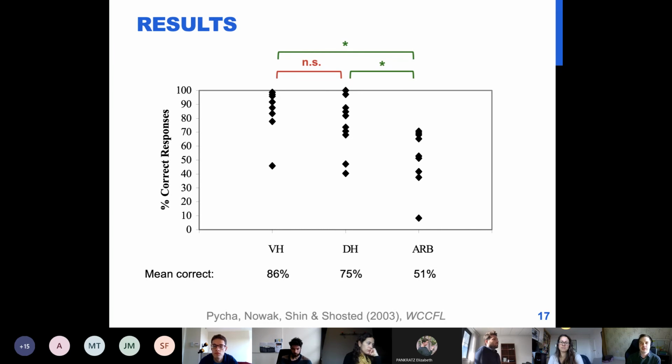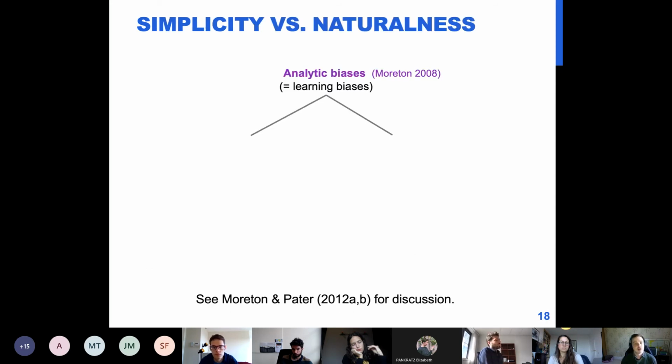And I think the idea at this point in the field was, okay, there's no difference between vowel harmony and disharmony. Those things are equally learnable. So there's no kind of naturalness bias that favors vowel harmony. Any difference between vowel harmony and disharmony doesn't have to do with learning. That's something else.